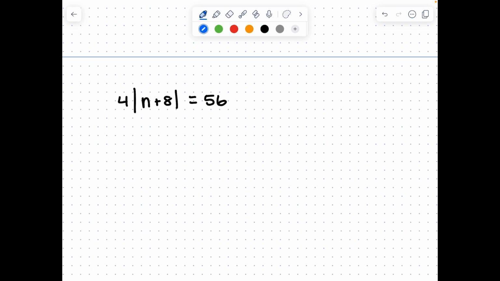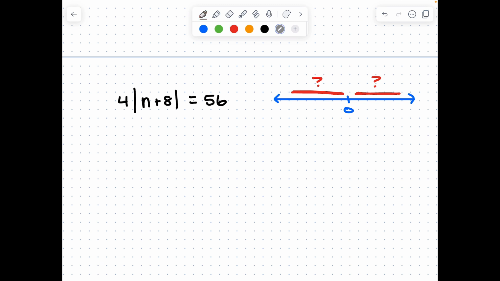So when we're thinking about our absolute value line, and here's our 0, we're not ready to mark what our distance is yet, because this part is our distance, and we don't know exactly what that is yet. We know 4 times that distance is 56, but we don't know what that distance is.